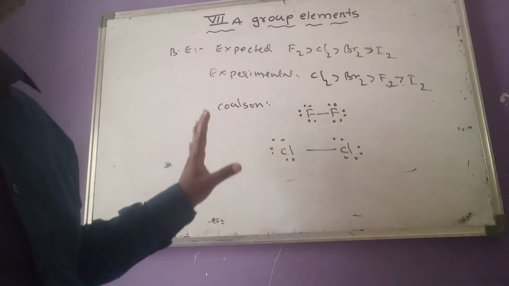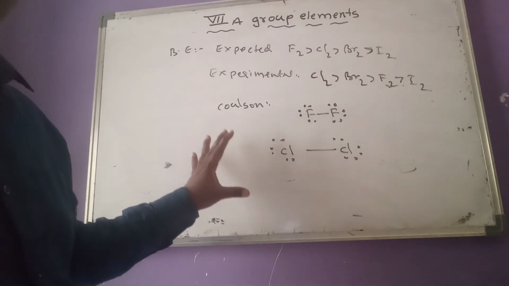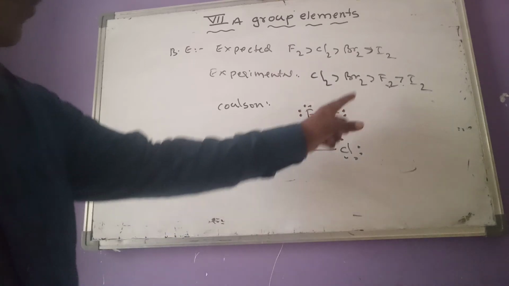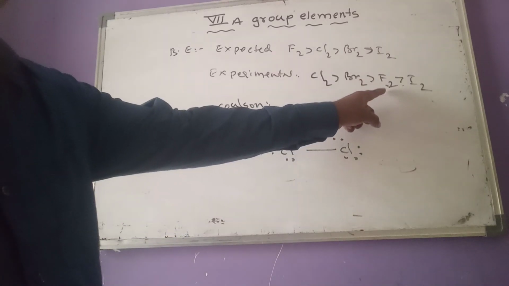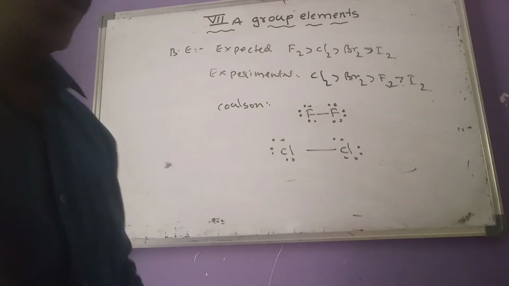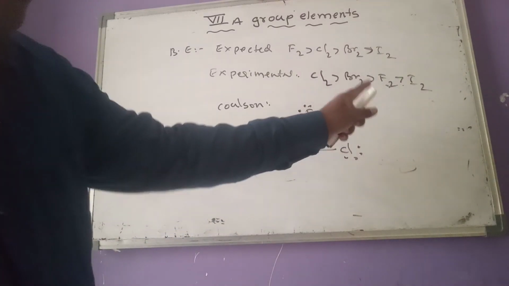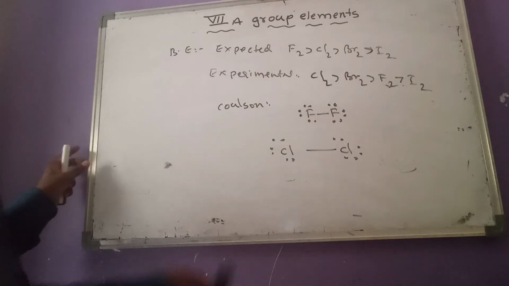So this is the Coulson explanation. This is the more accepted explanation for the lower bond enthalpy of fluorine. So we have to remember this: fluorine has less bond dissociation enthalpy.